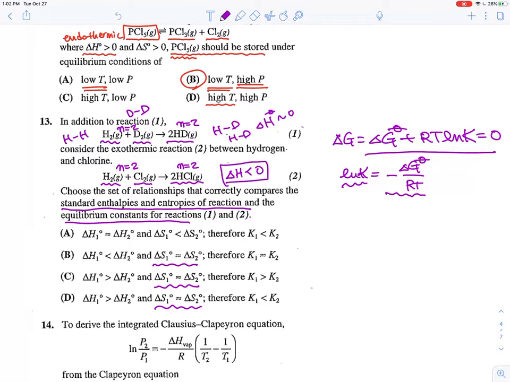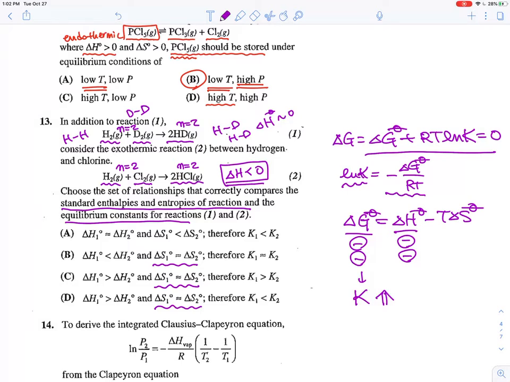So that's my guess. To make that case, remember that delta G is delta H minus T delta S for a constant temperature. When this is a big negative value, that makes a big negative G, and that makes the K value go up pretty high.